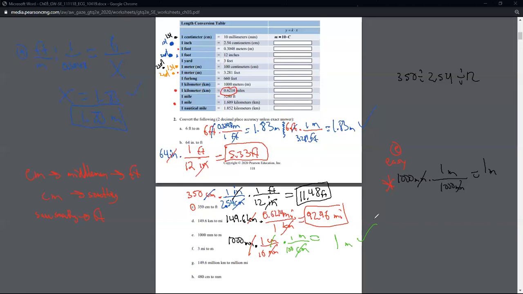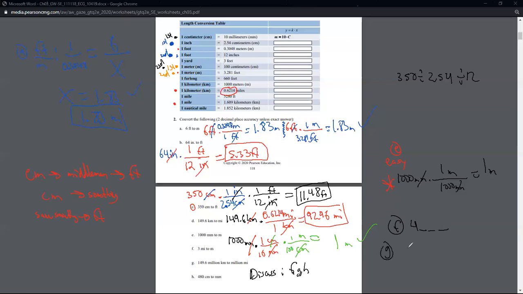So F, G, and H, I'm going to leave to the discussion board. I'll even give you the approximate answers, just so we know whether we're right or not. F is 4,000 something, something, something.